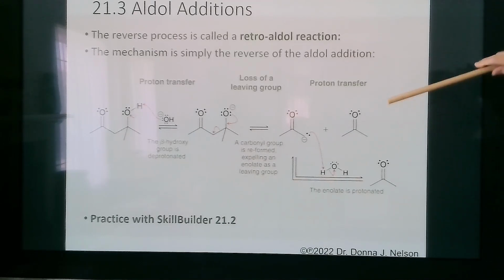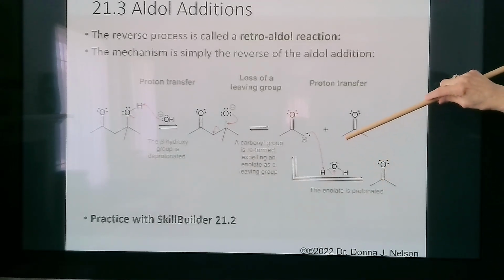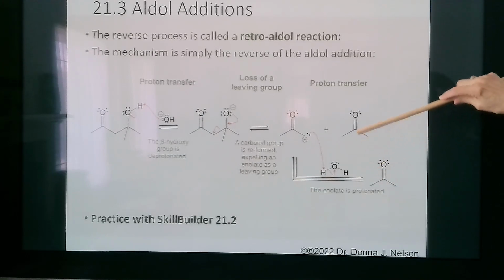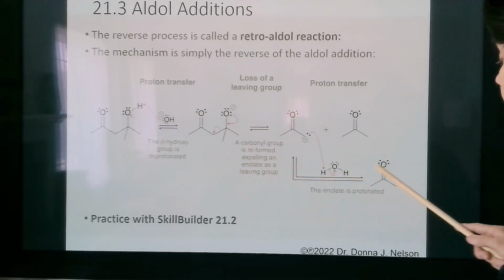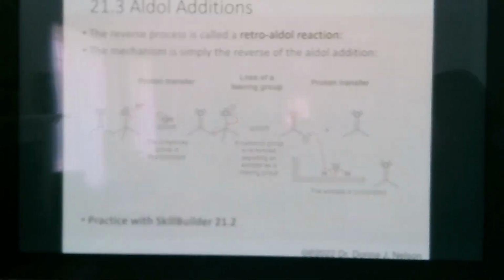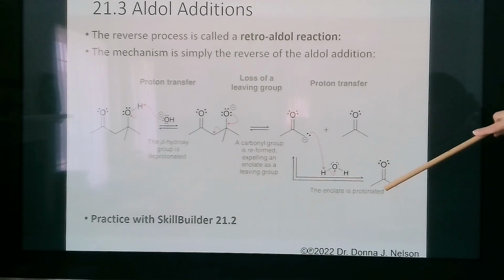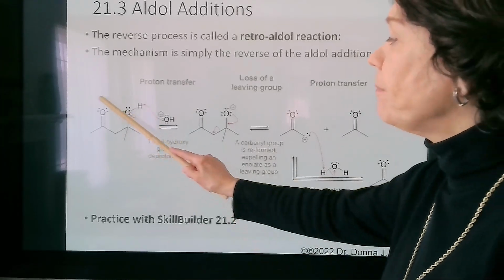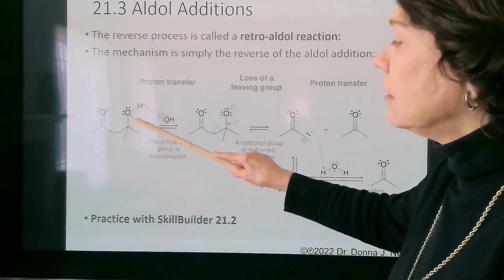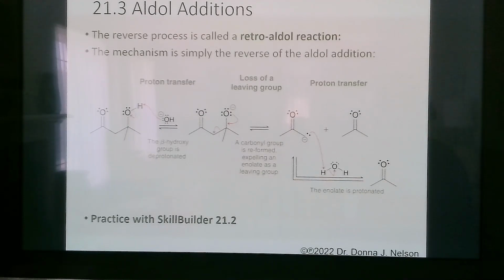So this is the reverse process that one would have if you attempted to do this reaction by using a ketone. And remember, we just finished saying that for ketones, this reverse process is more favored because the individual ketones are more favored in that equilibrium than the aldol condensation product is.